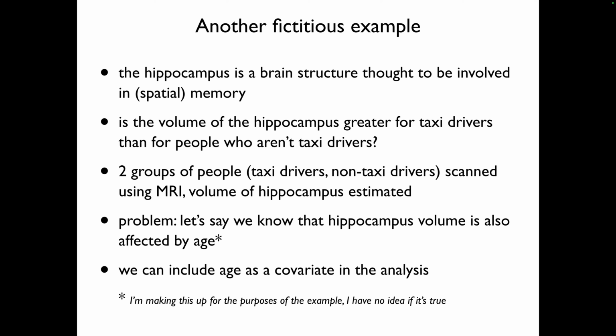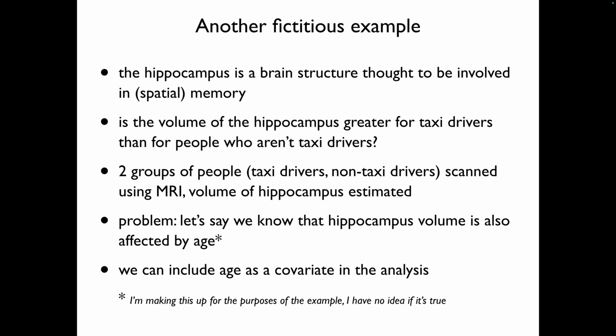So, is the volume of the hippocampus greater for taxi drivers than for people who aren't taxi drivers? So, let's say we do a study where we have two groups of people, either taxi drivers or people who aren't taxi drivers. We scan them with an MRI scanner. We estimate the volume of their hippocampus and we compare them.